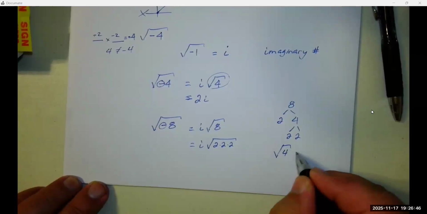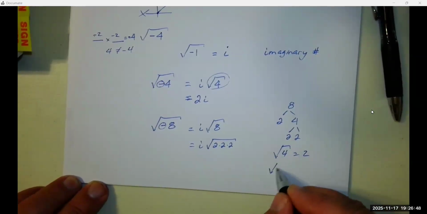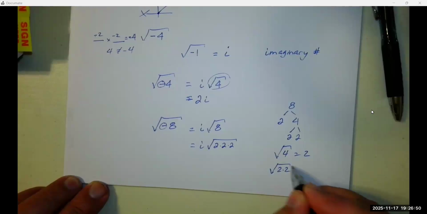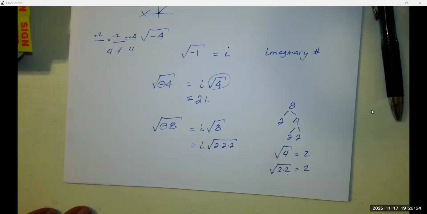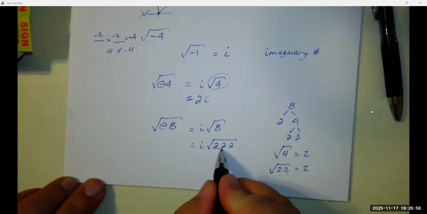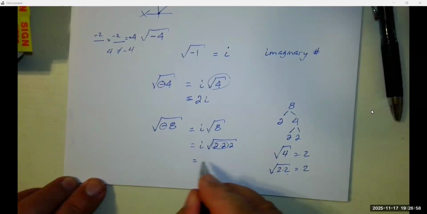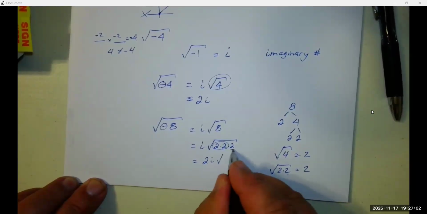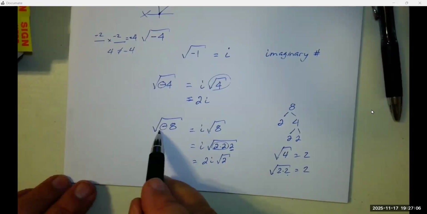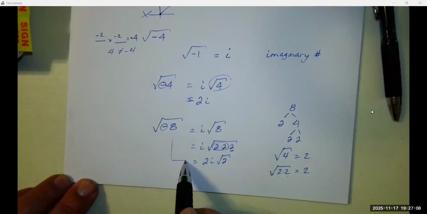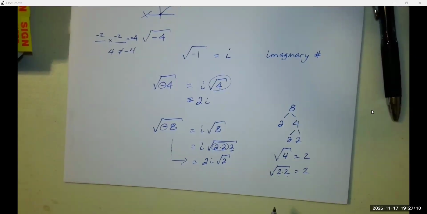The reason square root of 4 is 2 is because there are two numbers that are exactly the same inside there, I can take them out. So it's 2i. But this one still stays in there. So the square root of negative 8 becomes that.